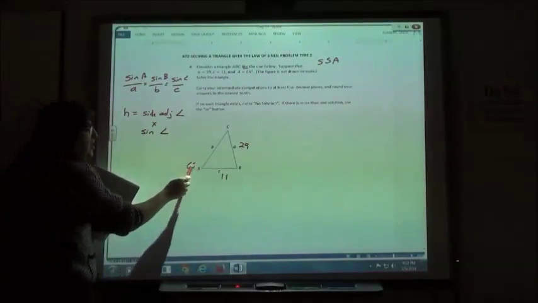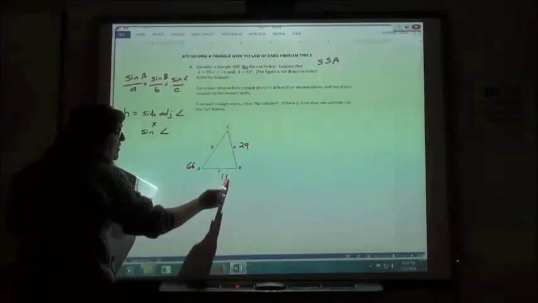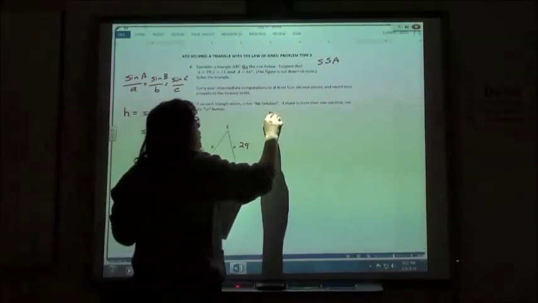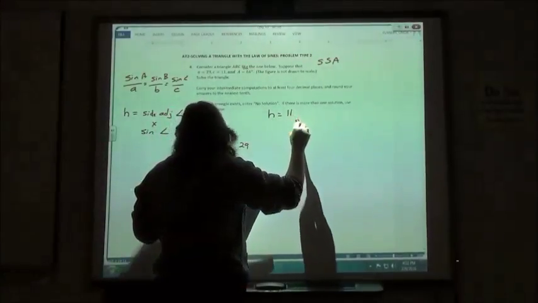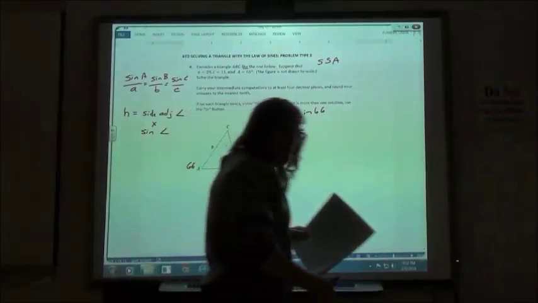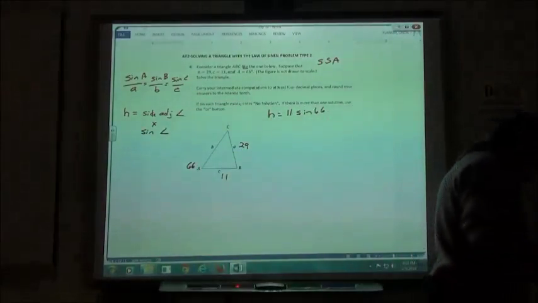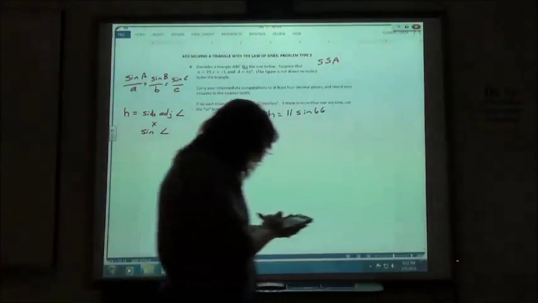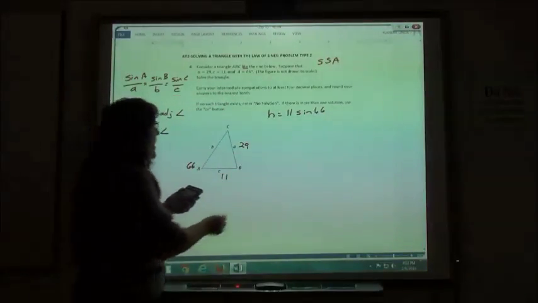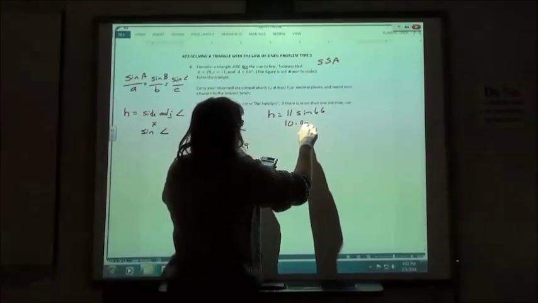So, the side adjacent to my angle is 11, then I'm going to take it times the sine of my angle. So, H is going to equal 11 times the sine of 66. Again, I want to make sure my calculator is in degree mode, but if I do that, 11 times the sine of 66 gives me 10.049.